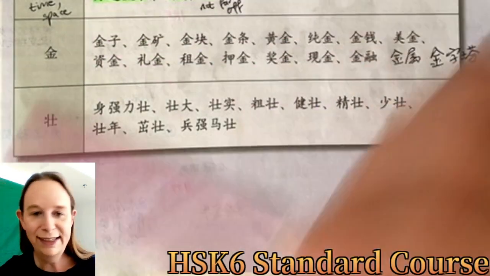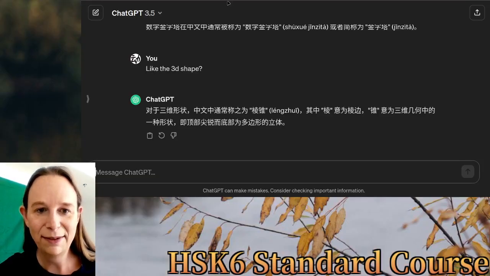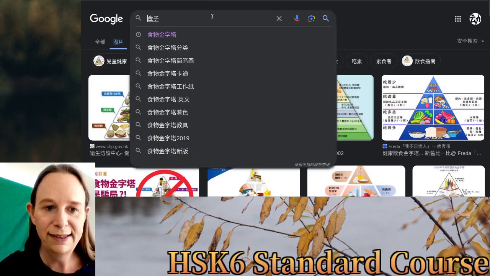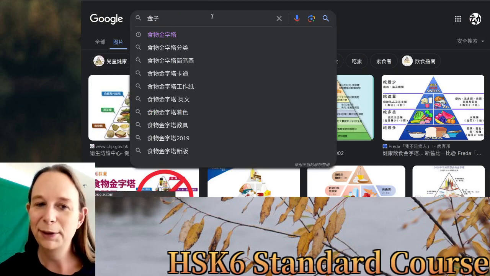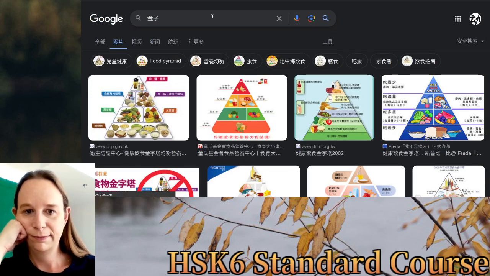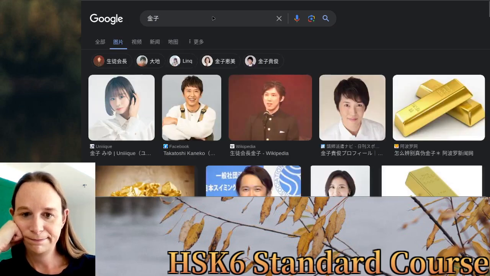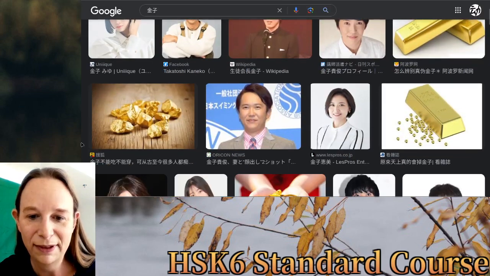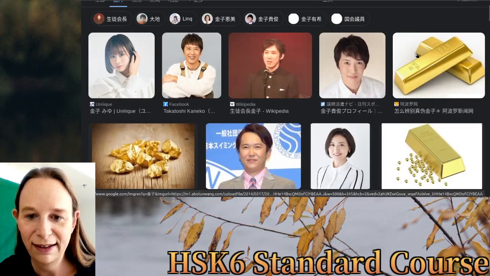金子. What is 金子? Is it a chunk of gold? Like a gold nugget? I'm guessing it's a gold nugget. 金子. Oh, okay, so these are people. 金子. But this is what I was expecting.